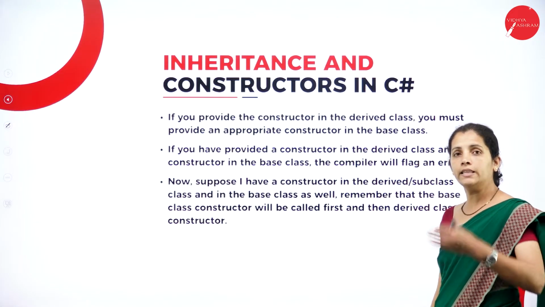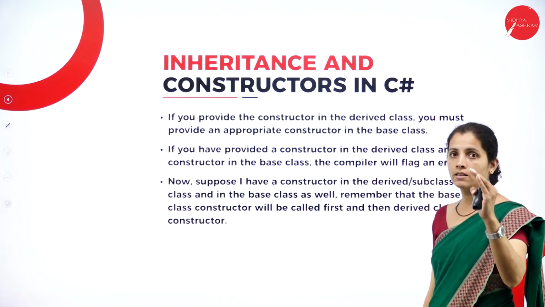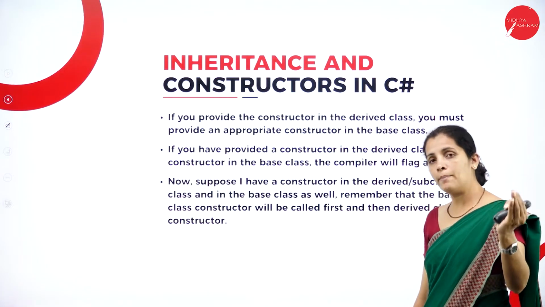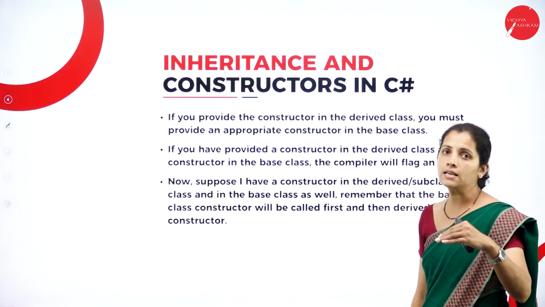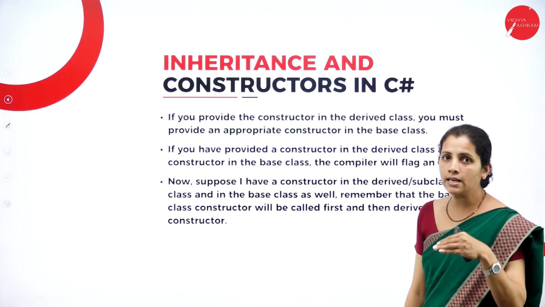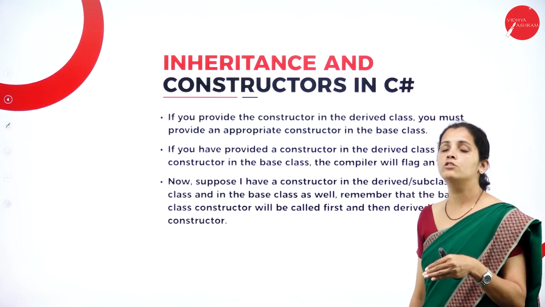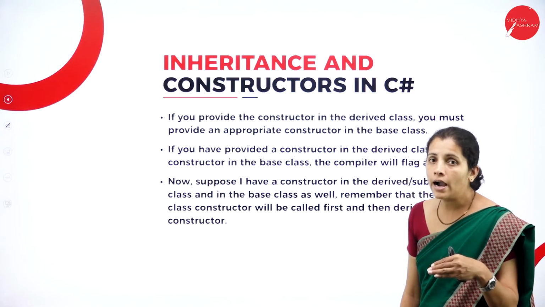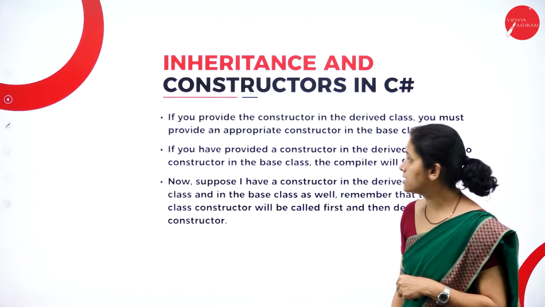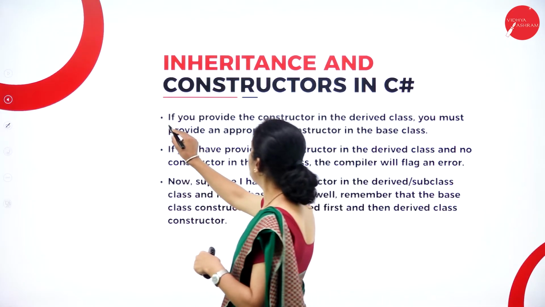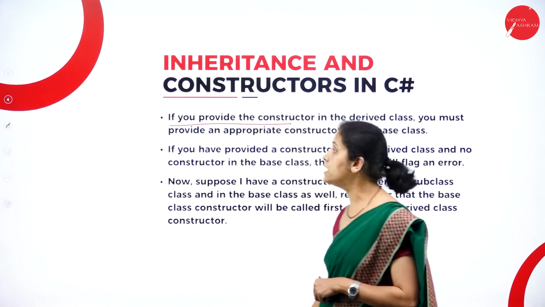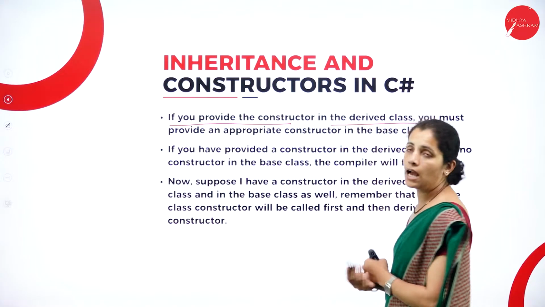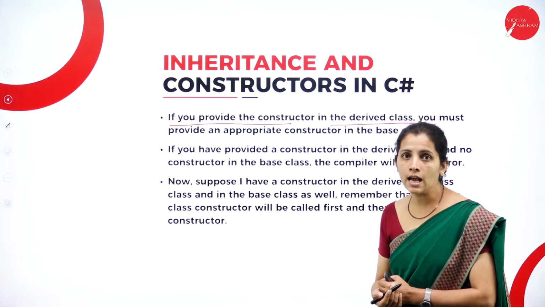So dear student, think that I have parent class. For that parent class, I must have the constructor. Then I have the child class. For that child class also, I want to define child class constructor. So if you provide the constructor in the derived class, what is derived class here?